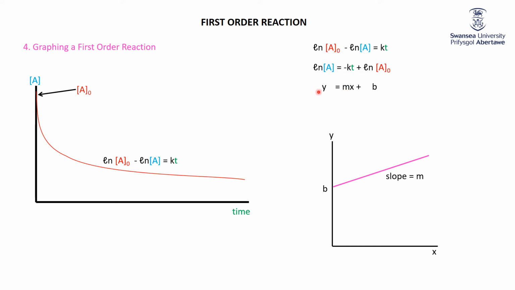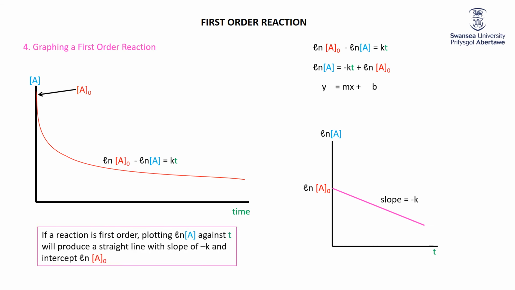So in other words, if I plot A against t, I get the curve, the equation of which is log of A equals minus kt plus log of A0. But if instead I plot log of A against t, now I'm going to get a straight line. And that straight line will have an intercept of log of A0, and a slope of minus k. Of course, k is always a positive number, so minus k will be a negative number. So for a first order reaction, if we plot log of A against the time, you'll get a straight line.